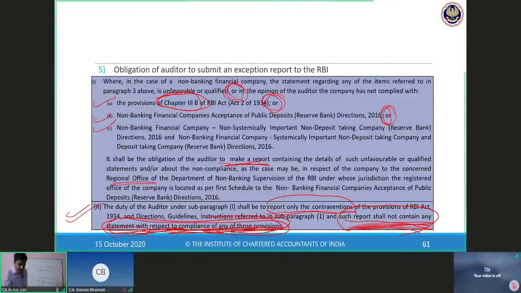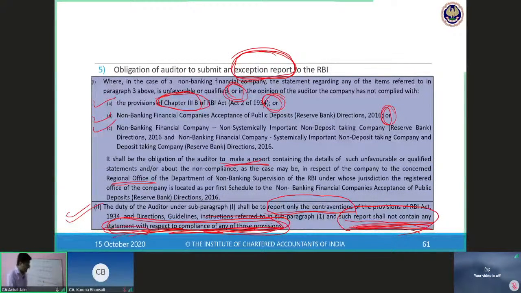So if the auditor will give a list of other compliances, what will happen? He will not be reporting to RBI on an exception basis. So what is it that the RBI is looking at? RBI is not looking for the complete details. They are saying that please report to us only the exceptions. So it's the exception report which will go to RBI.